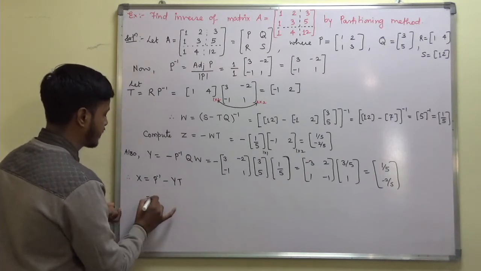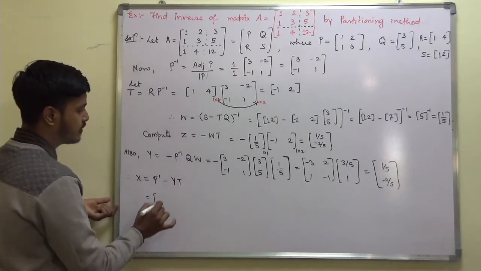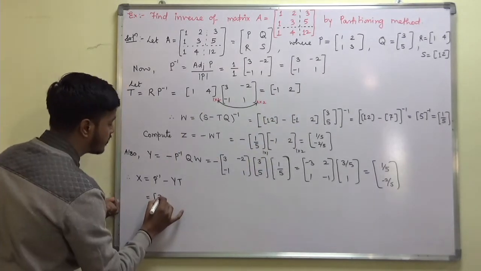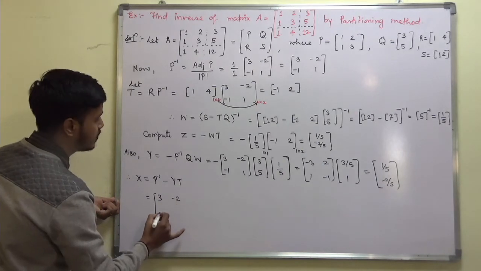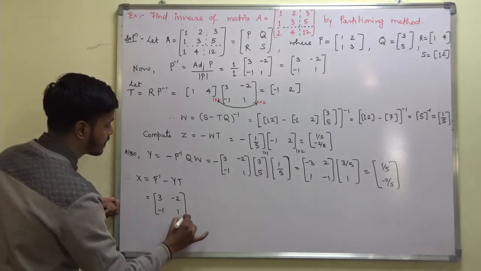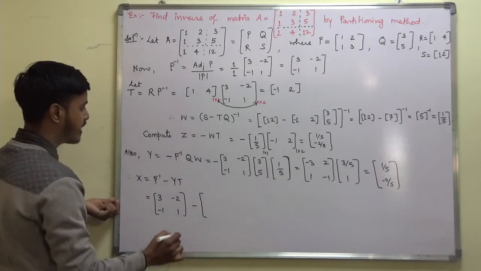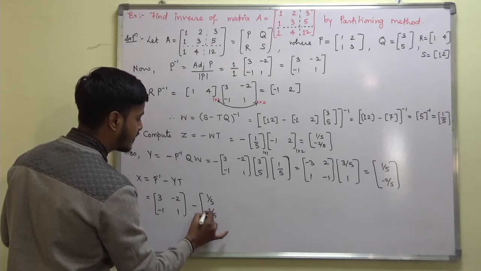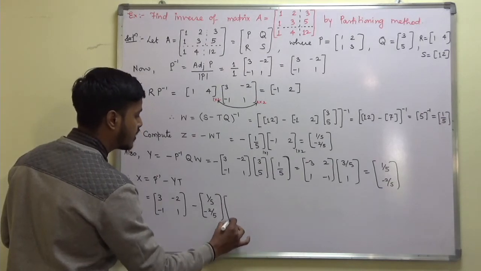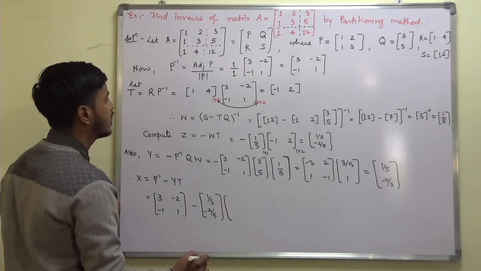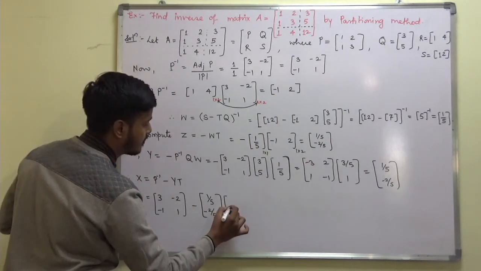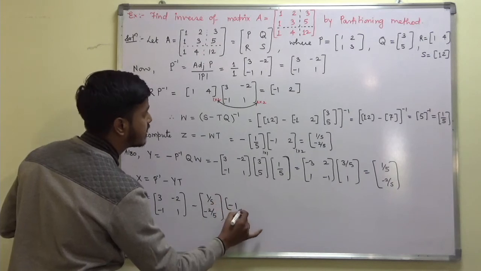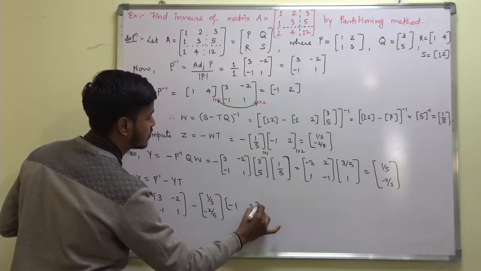This p inverse is 3 minus 2 minus 1 1, minus y. What is y? We just found it: 1 by 5, 2 by 5 with negative sign, into t. What is my t? T is minus 1 and 2.